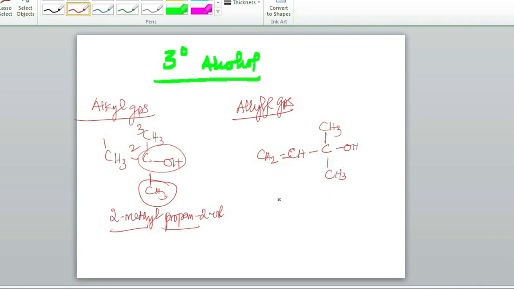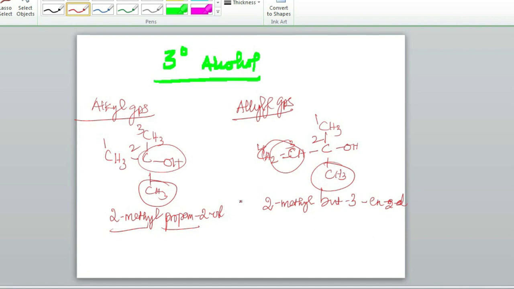For the naming, 1, 2, 3, 4: the second position is 2-methyl, butane, but-3-en-2-ol. The third position has the double bond. So this is the allyl group.